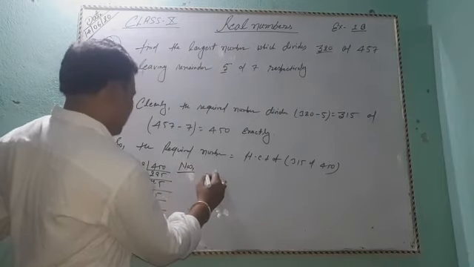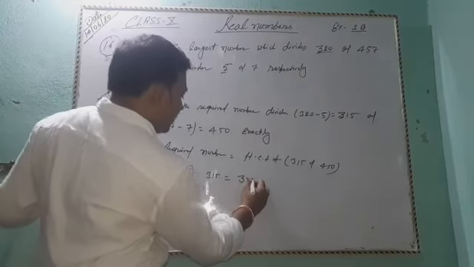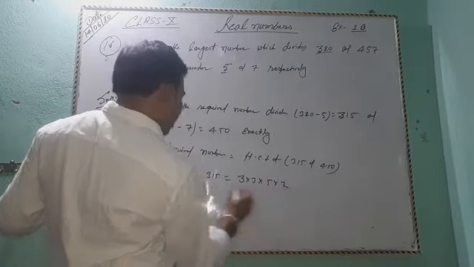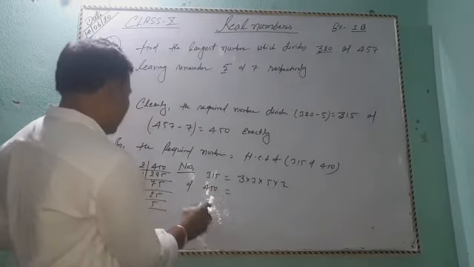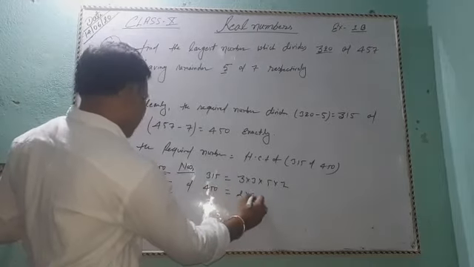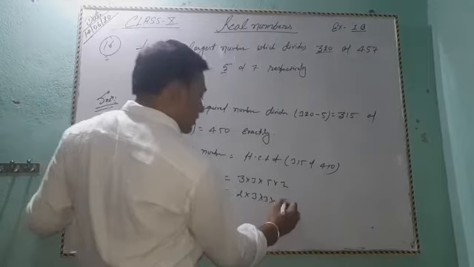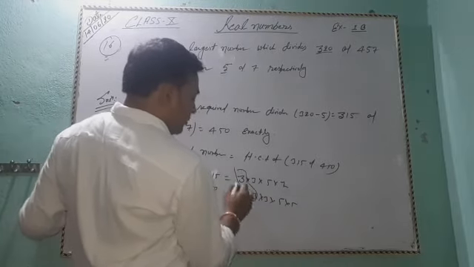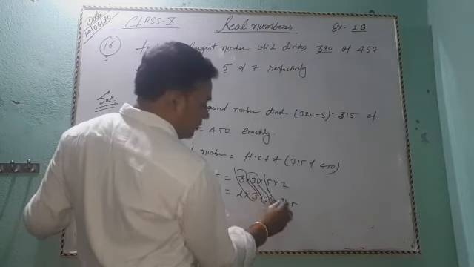Now 315 equals 3 multiplied by 3 multiplied by 5 multiplied by 7, and 450 equals 2 multiplied by 3 multiplied by 3 multiplied by 5 multiplied by 5. So the common factors are 3, 3 and 5.